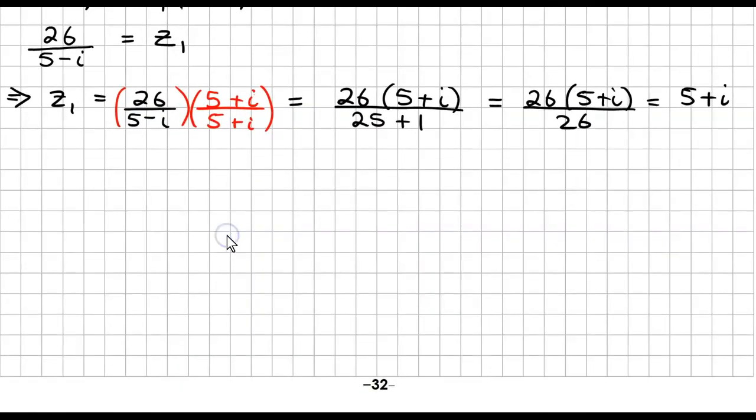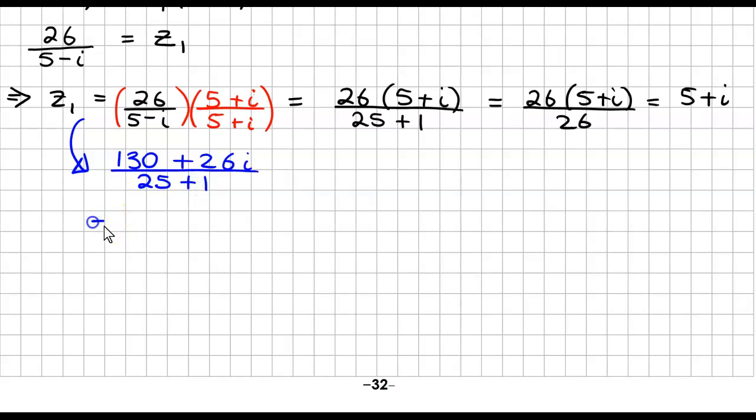Just at this stage I'll repeat this calculation, in case you don't spot that. If you don't spot that you're going to get 26 on the bottom, what you'll be doing is getting 26 by 5, which is 130, plus 26i on the top. On the bottom you'll be getting 5 squared, 25, plus 1.